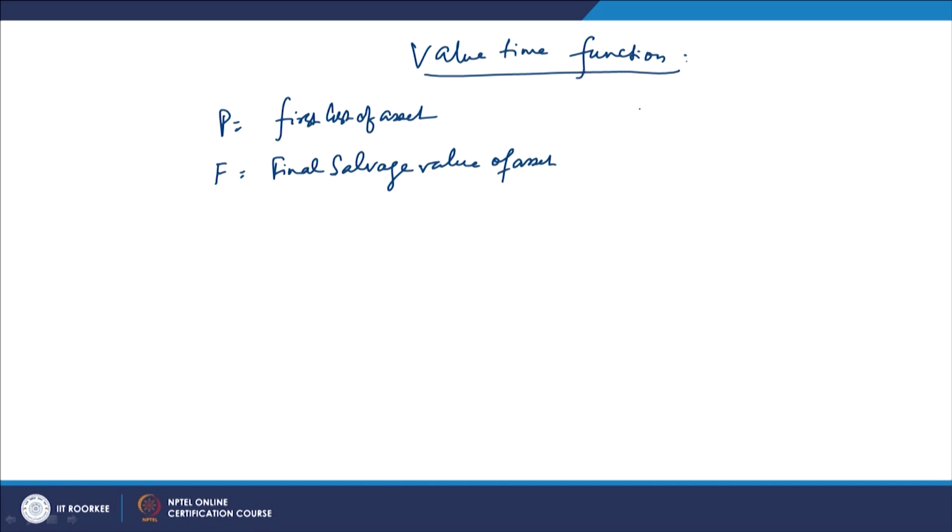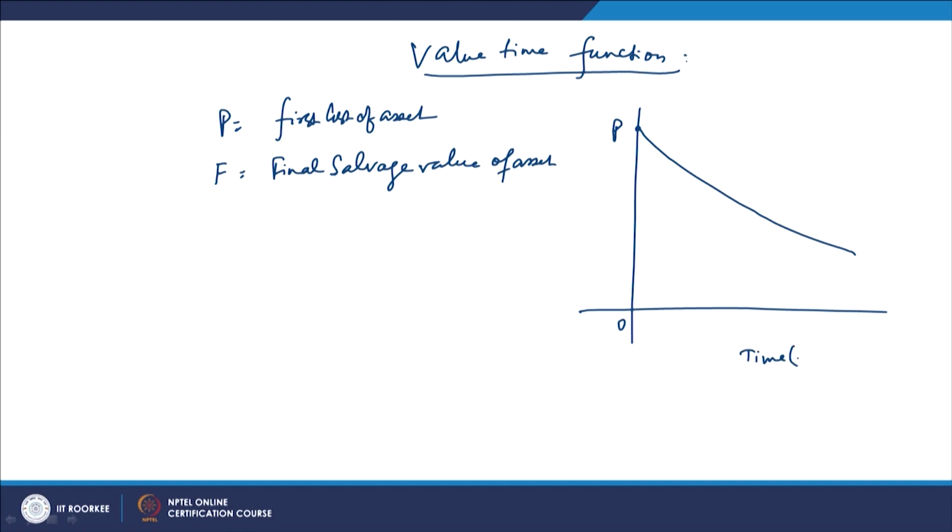Now, normally an asset has a certain present cost. You purchased it for some amount P. That is your first cost, and then it may depreciate slowly with time. So this is your time in years, and this is your value. As time progresses, 1, 2, 3, 4 and 5, its value changes.